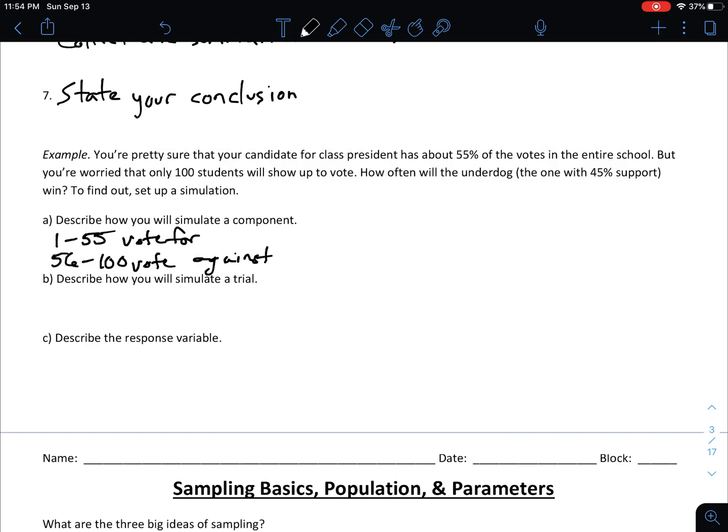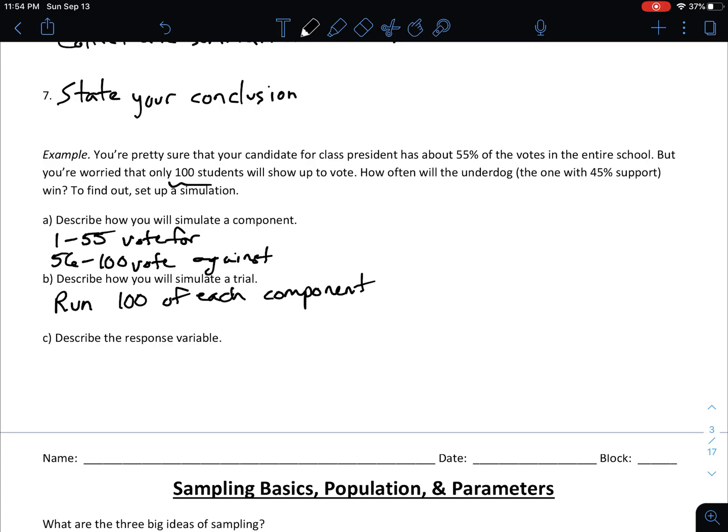For part B, describe how you will simulate a trial. Well, we expected 100 students to show up, so we are going to run 100 of each component. Now, for part C, describe the response variable.